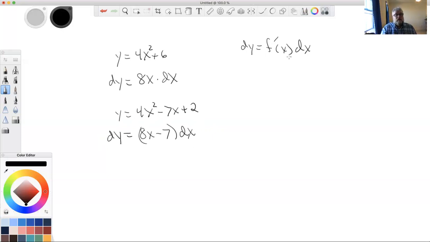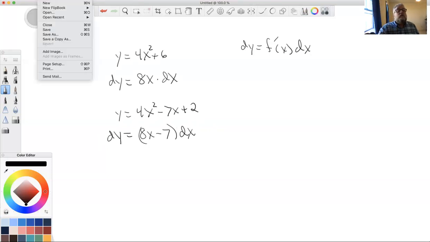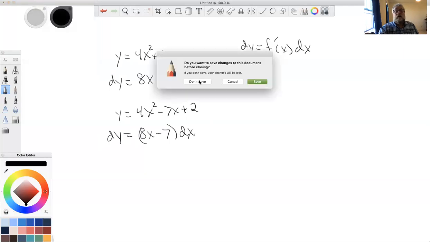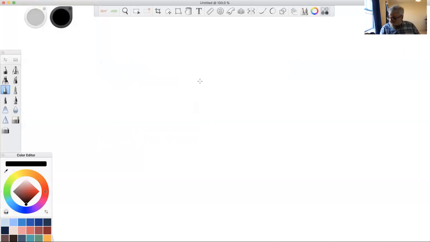The derivative of the function times dx gives me dy, the differential for y. And this is going to be critical for using the power rule, being able to do this, okay? So you need to trust me. This is important. I know you don't trust me. I don't blame you. I've done some shady stuff in the past, but this is important.